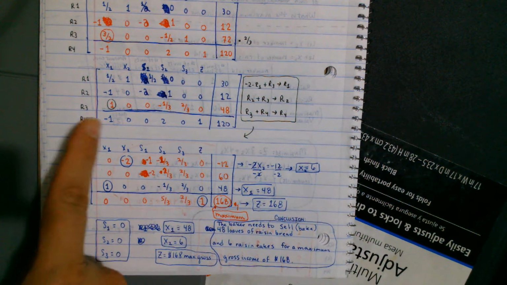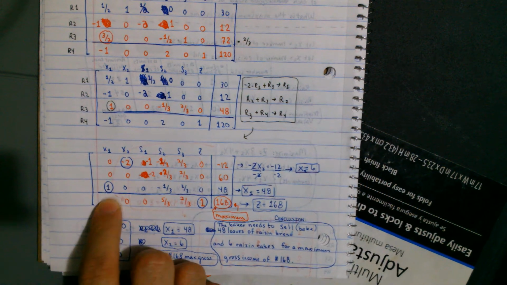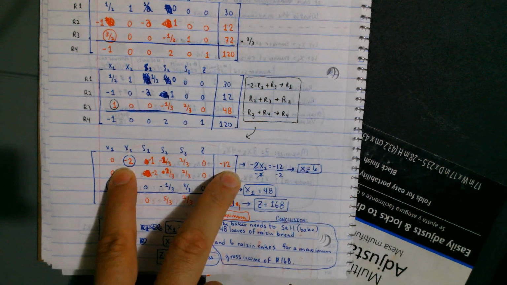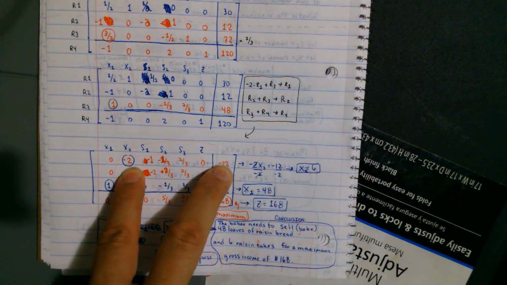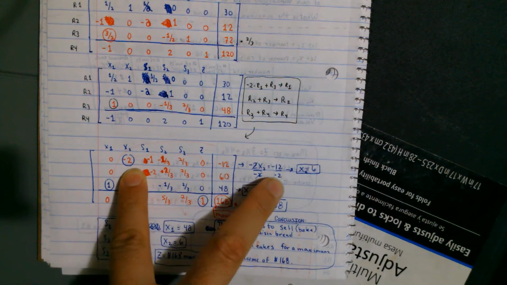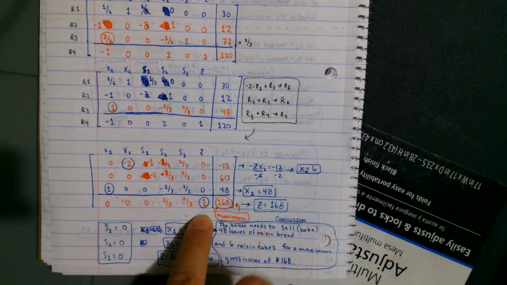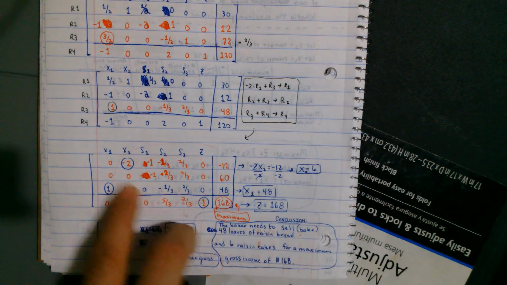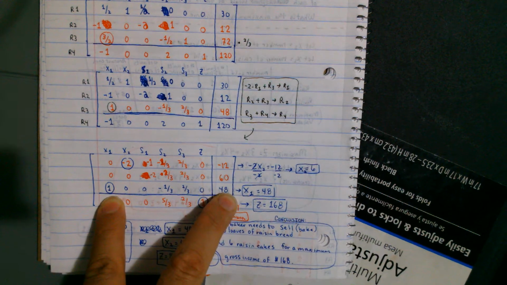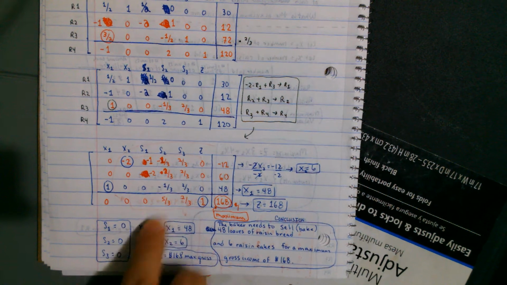So any column that has all zeros, except one number that's not zero, that's the answer for that. So then you set it equal to the end. So -2x2 has to equal -12. So x2 is 6. The z value is 168, my maximum, and my x1 value is 48, which means s1, s2, s3 are zeros.